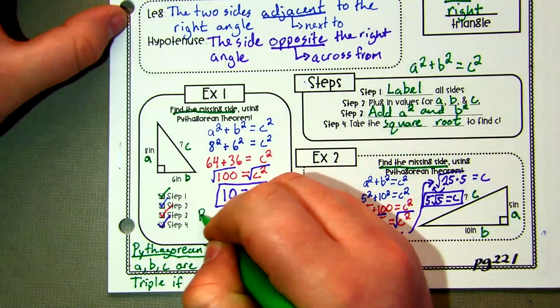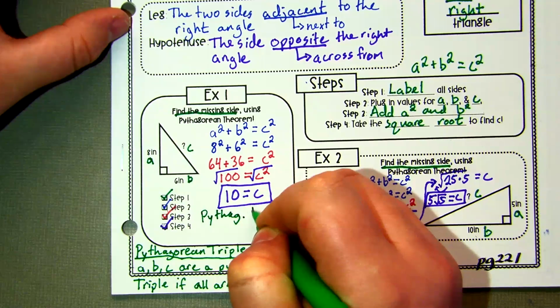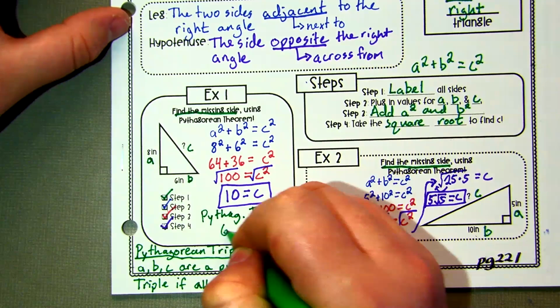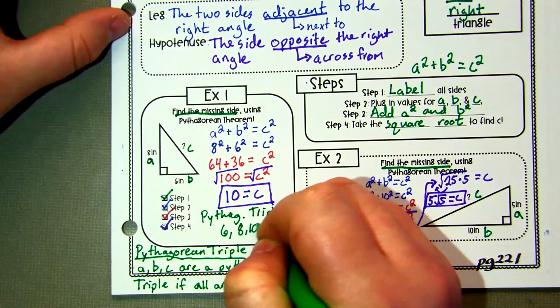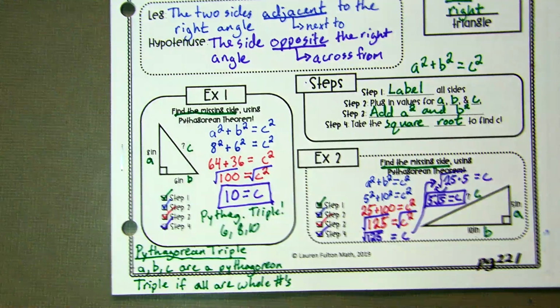This one is a Pythag triple. 6, 8, and 10. How about example 2? Is this one a Pythagorean triple? Yes or no?